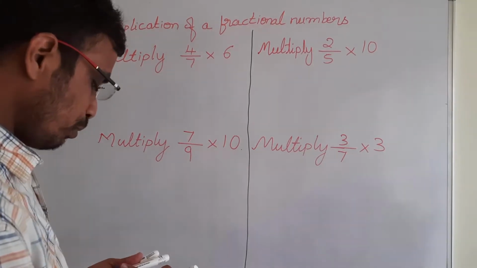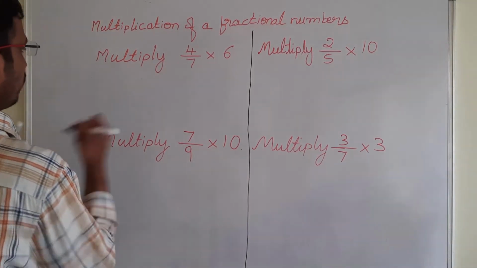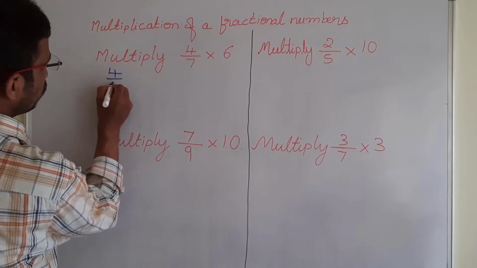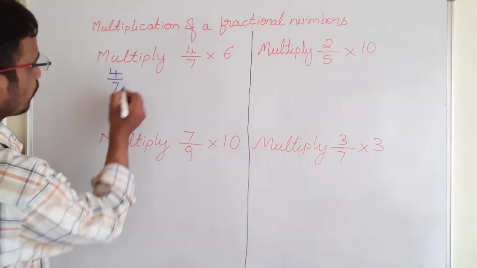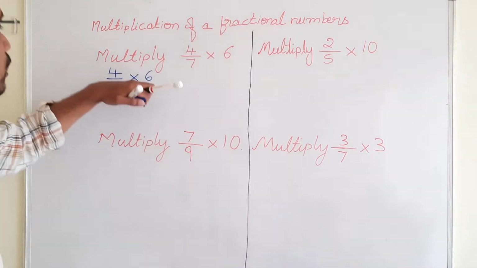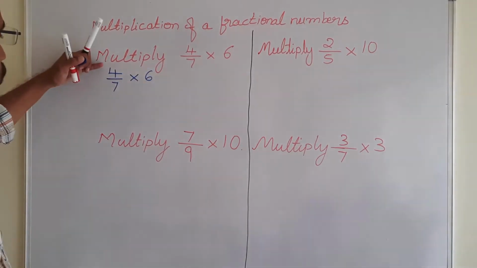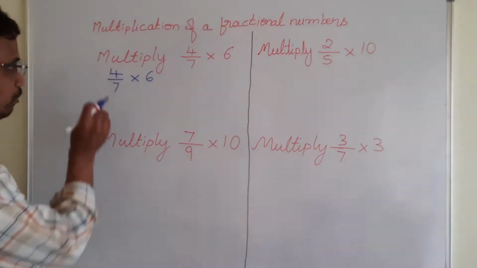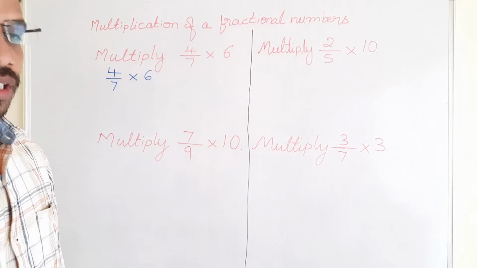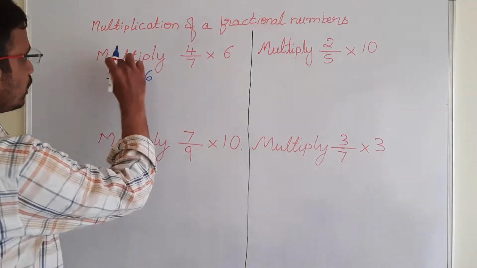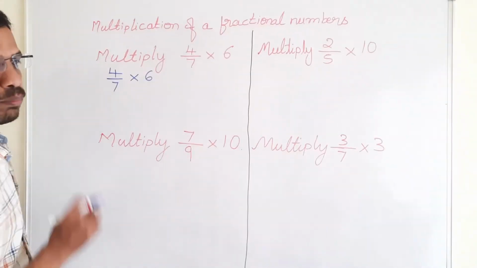Before going to multiply this, first I will write the given fraction, that is 4 by 7 multiplied by 6. 6 is a whole number, 4 by 7 is the fractional number. Before multiplying a fraction with a whole number, we will bring the fraction to the simplest form.